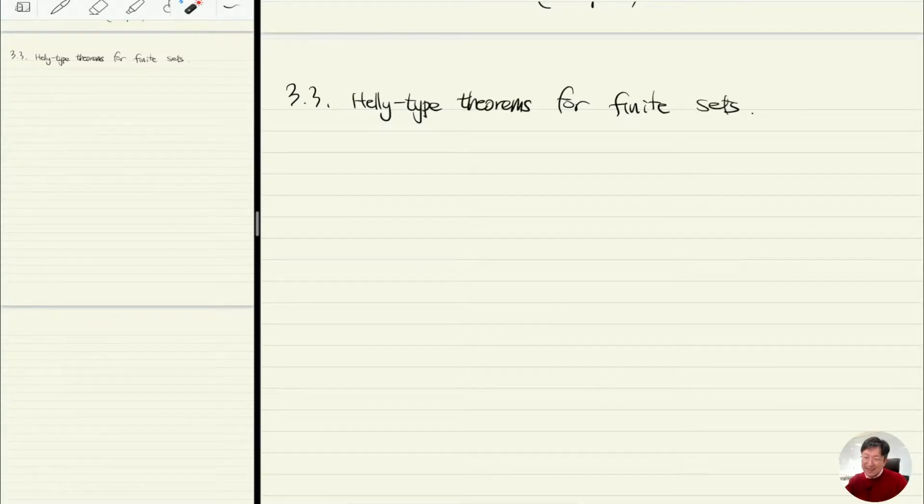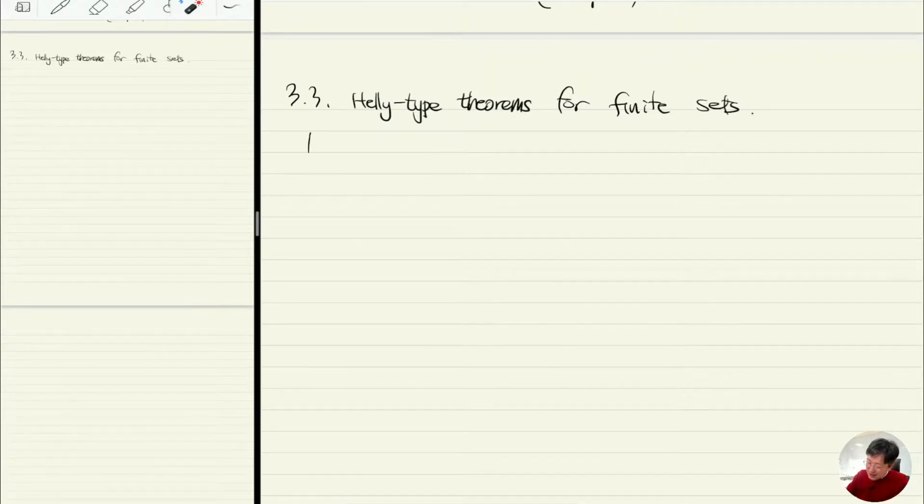Nobody asked him to prove the two families theorem. He had some other problem proposed by Erdős, Hajnal and Moon, and to prove that he invented this two families theorem, which was a lemma in his paper. So I'm going to show you this more original problem, which made him invent the two families theorem.